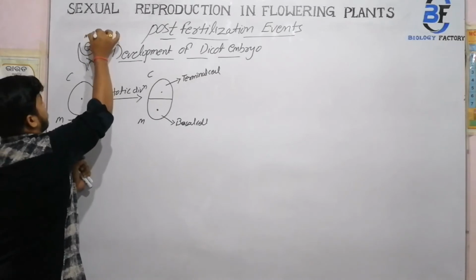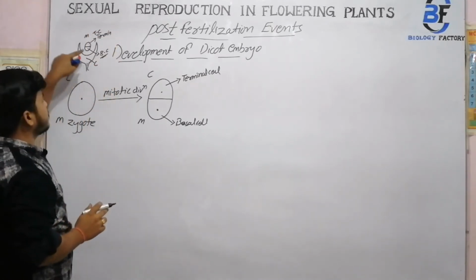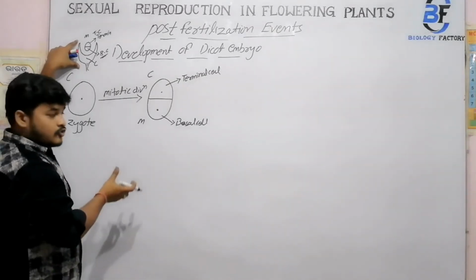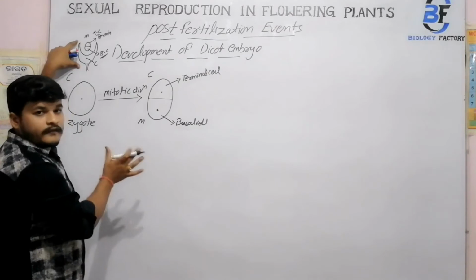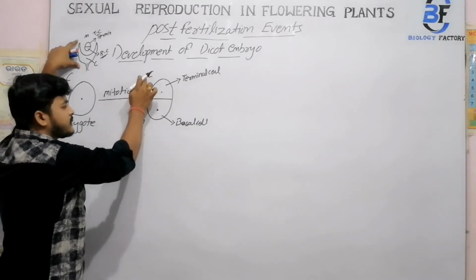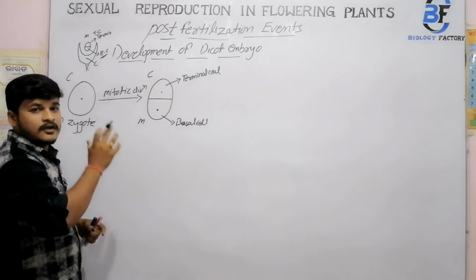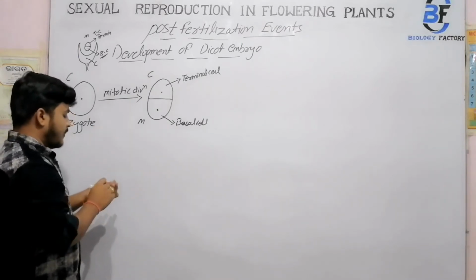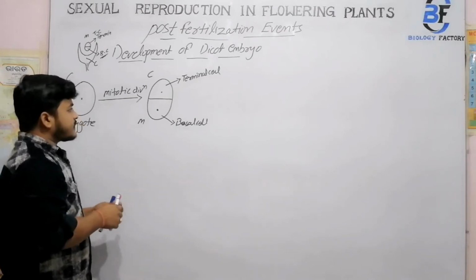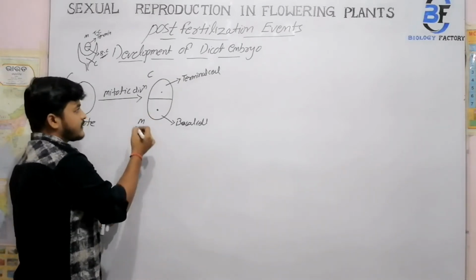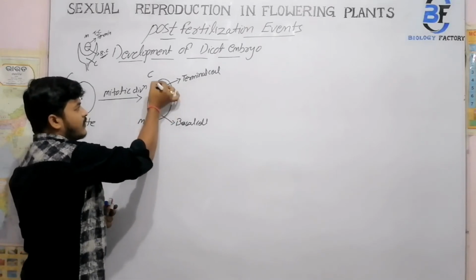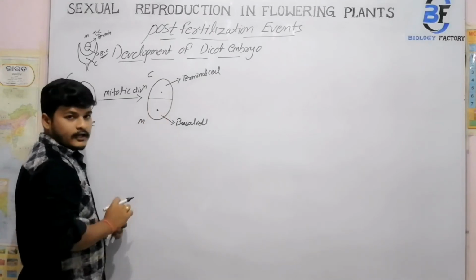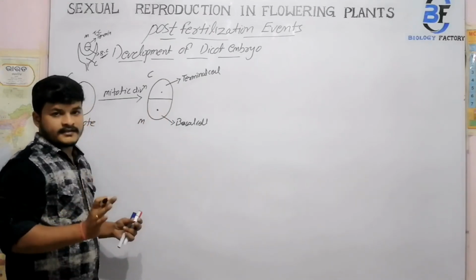So this is the TC, terminal cell, and this is the BC. According to them it is totally opposite. So whenever you draw this type of diagram, just mention the chalazal end and micropylar end. To avoid this confusion, just write like this: the cell towards the chalazal end is known as the terminal cell, and the cell towards the micropylar end is known as the basal cell.